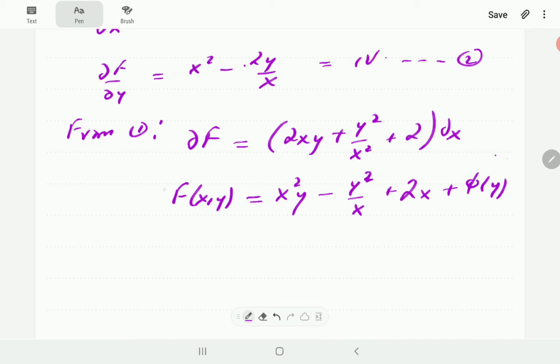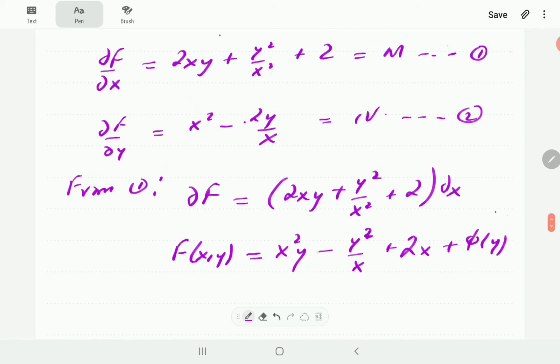This is such that when we differentiate this partially with respect to x, we are going to have to get that one back, okay? Because this one's going to give us 2xy. This one's going to give us y squared over x squared. This is going to give us 2. This derivative with respect to x partial is going to be 0.